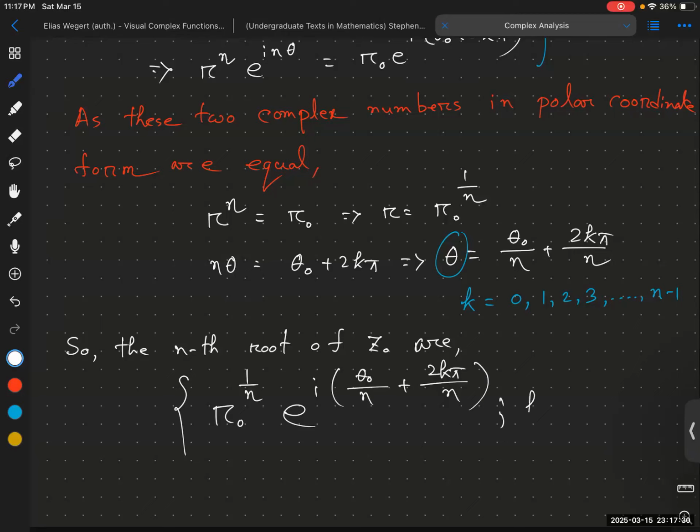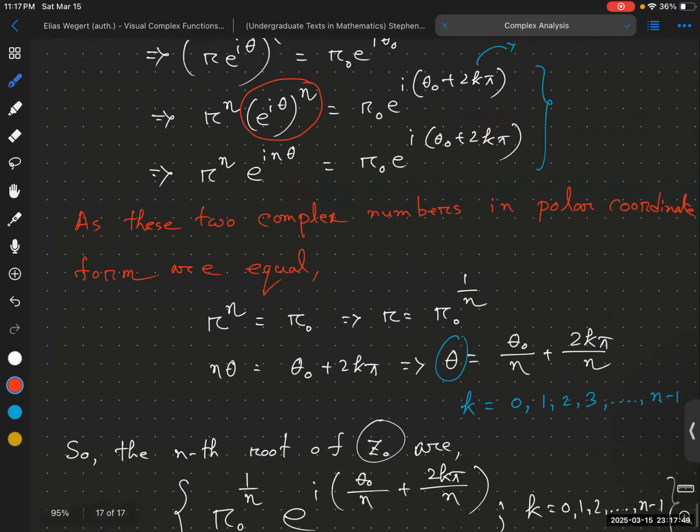Here the values of k are from 0, 1, 2, up to n minus 1. So z0 can be any complex number, and this is the more general form for finding the nth root of any complex number.